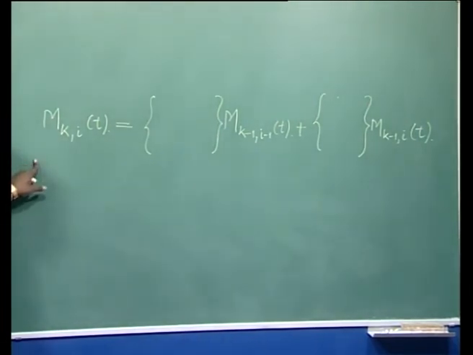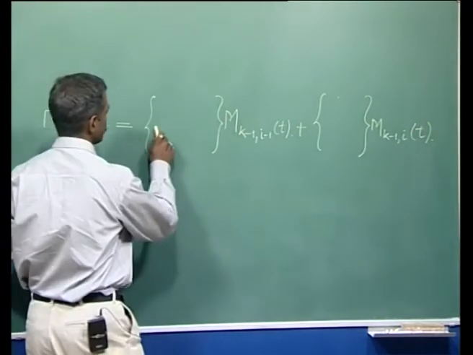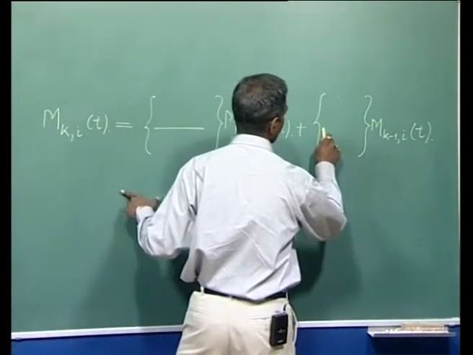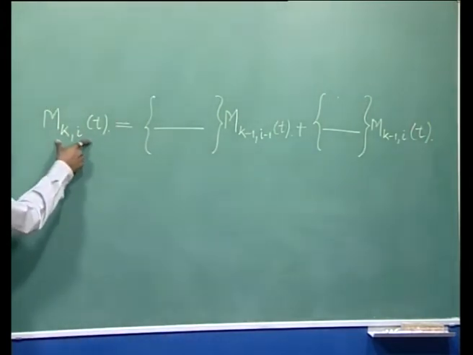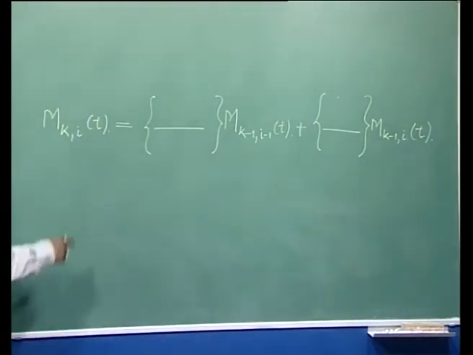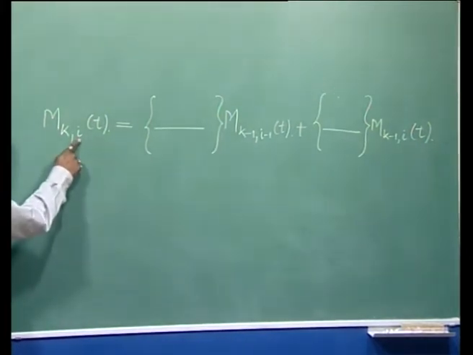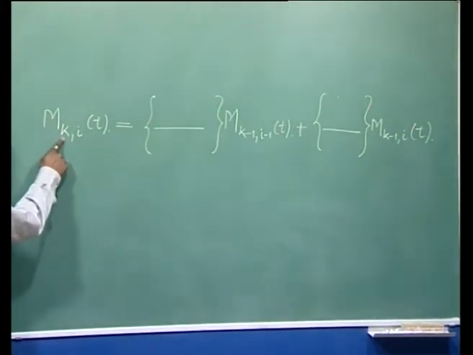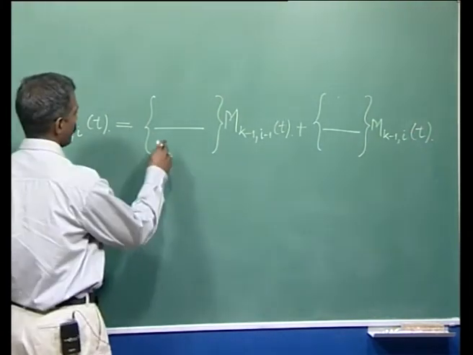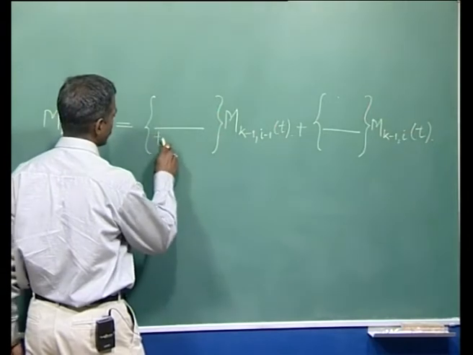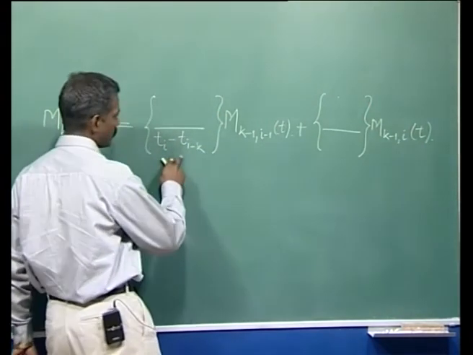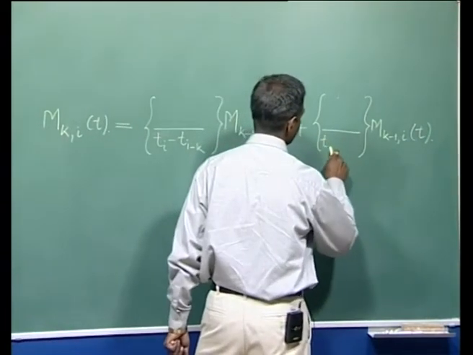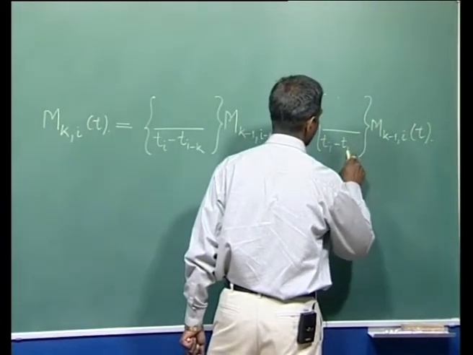Now first, the denominator. I come back to my parent basis function here. The last knot is t_i and the first knot is t_{i-k}. I remember this and I use the entire knot span t_i - t_{i-k} here as well as here, t_i - t_{i-k}.